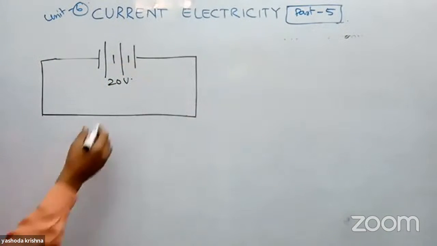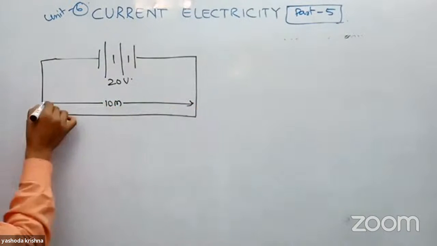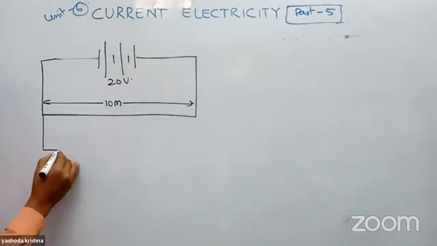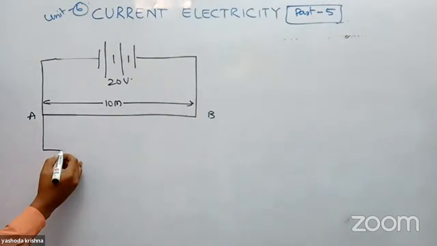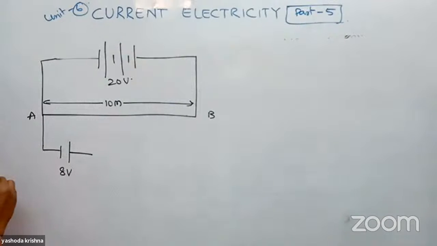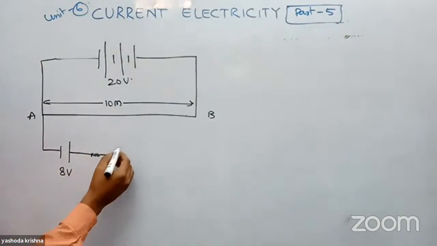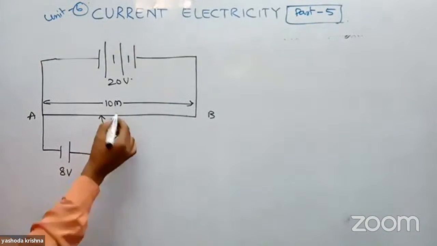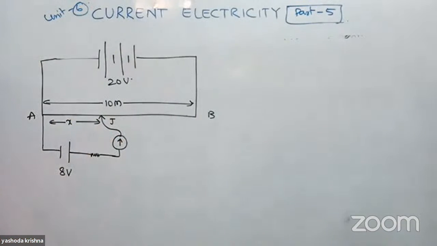The total is 10 meters of potentiometer wire, with ends A and B. This is the 8 volts battery. Next, this is the galvanometer, connected to the jockey J, showing a null deflection.